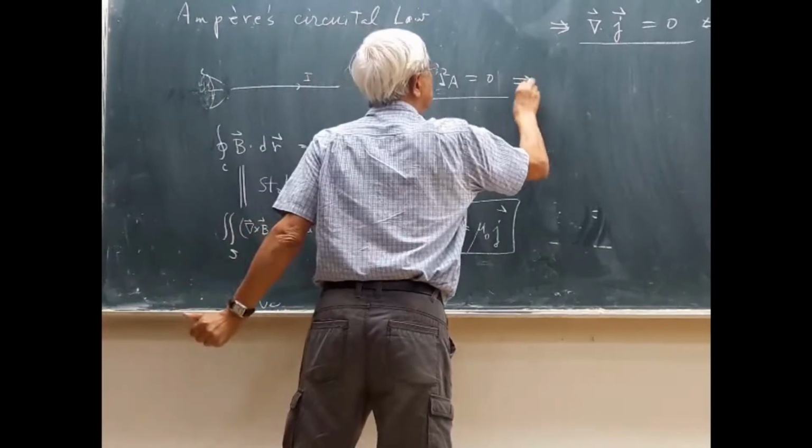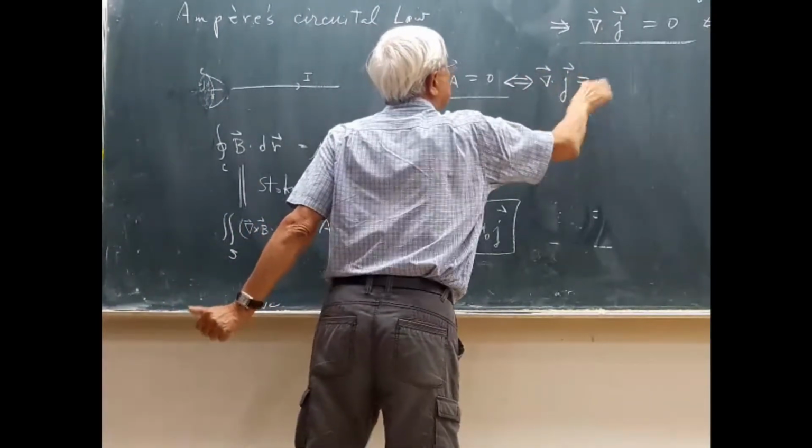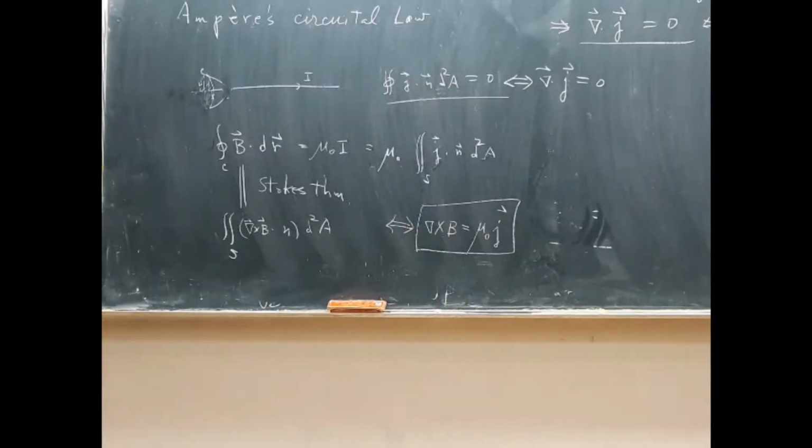And that's divergence J equal to 0. So that's Ampere's law. We'll come back later.